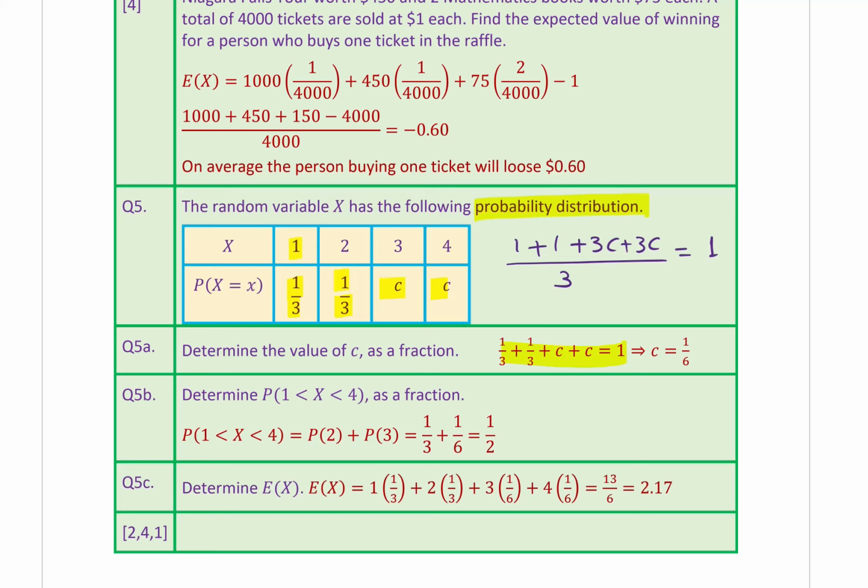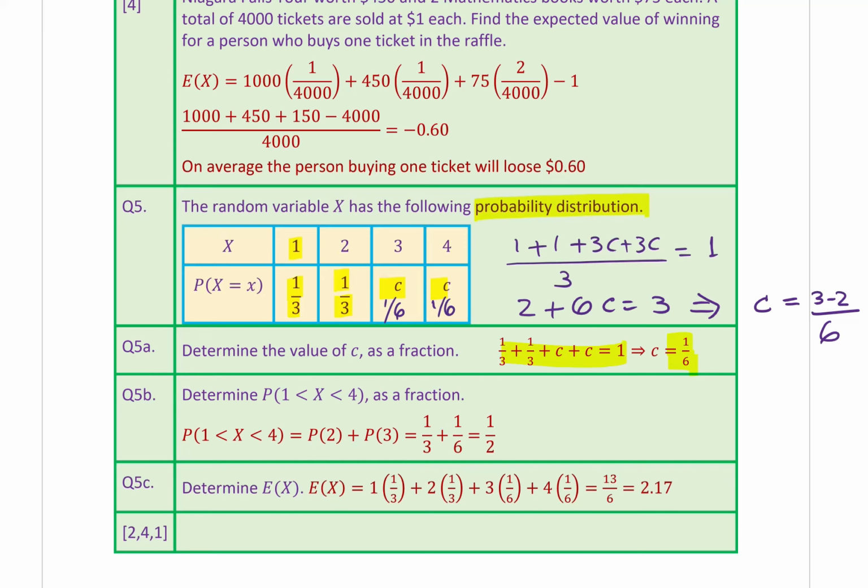Cross multiply, so we have 2 plus 6c equals 3, and that gives you the value of c as 3 minus 2 divided by 6. So we get a value of c which is 1 over 6.